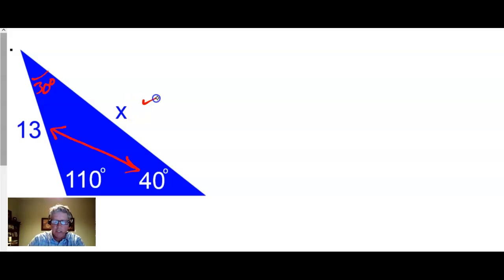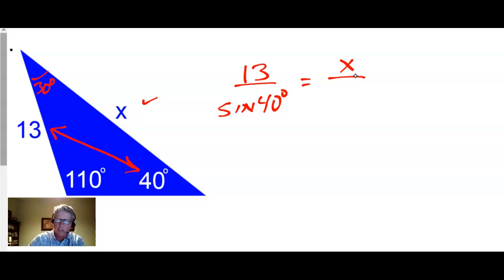So I'm looking for a side length here. I'm going to write this as 13 over the sine of 40. There's my opposite pair that I know, and that should be equal to x over the sine of its opposite angle, 110. These are all numbers. We can just plug these in.